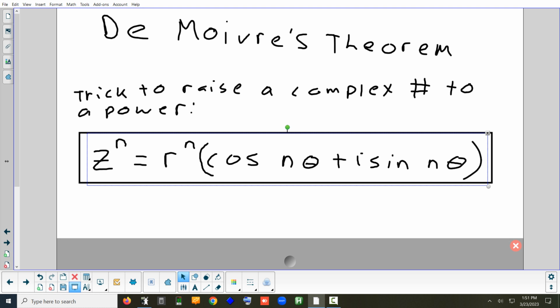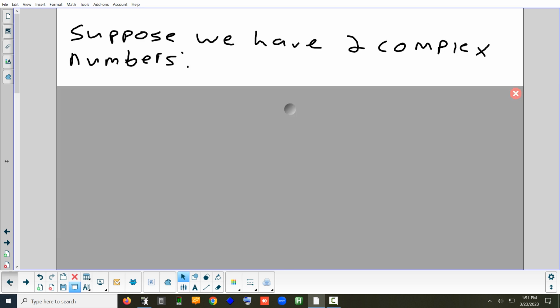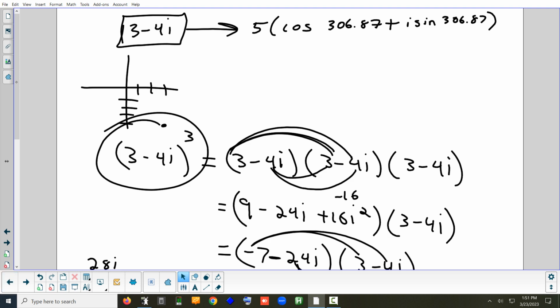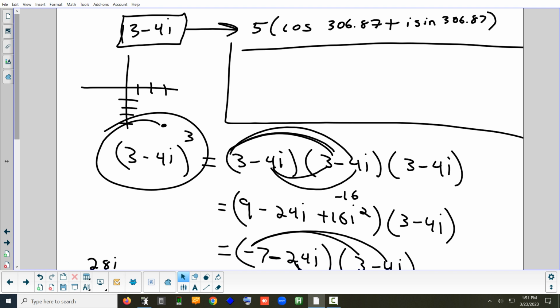Let's go back to the problem we just did, and let's do it this way, and you're going to see how much quicker it is. In fact, I can fit the whole thing right there in that box. So the formula said take your radius and raise it to the power.